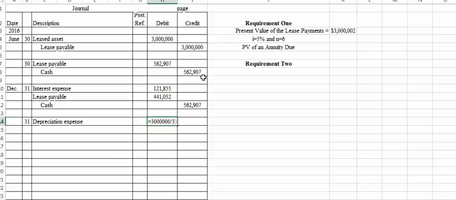So you can take the $3 million divided by 3 years, then multiply times 0.5 for a half year. The asset was only placed in service on June 30th. So depreciation expense for the year should be $500,000, and that's our credit to accumulated depreciation.